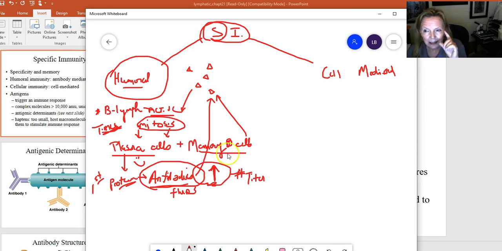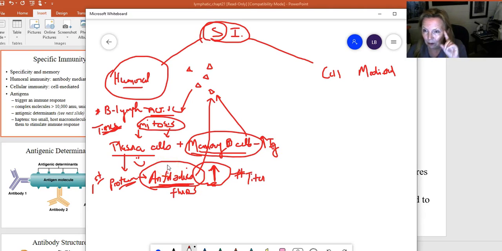And the beauty is that after we see them the first time, we will have memory cells that are ready for them the next times, so that we don't have to go through signs and symptoms of the disease, because the next time we get exposed, these B cells will start pumping out massive quantities of antibody, and I'm going to call it immunoglobulin. Immune means to protect, globulin is a protein; protective proteins are antibodies.